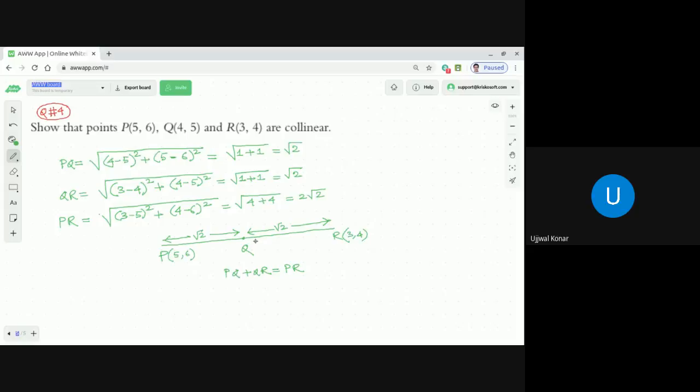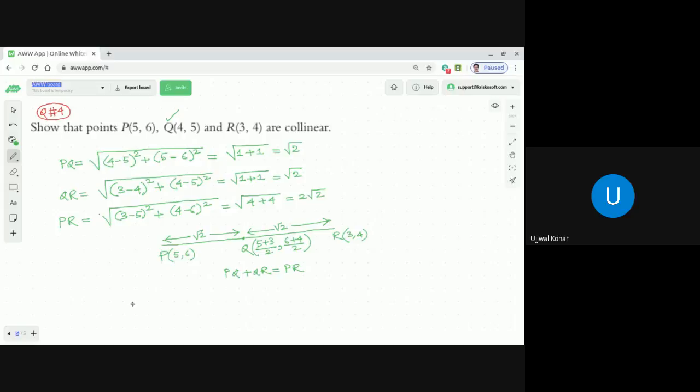It is 5 plus 3 by 2, and 6 plus 4 by 2. 5 plus 3 by 2 is 4, and 6 plus 4 by 2 is 5. That is 4, 5, which is there here. Though it has no relationship with respect to the question that is given, but I'm just saying.